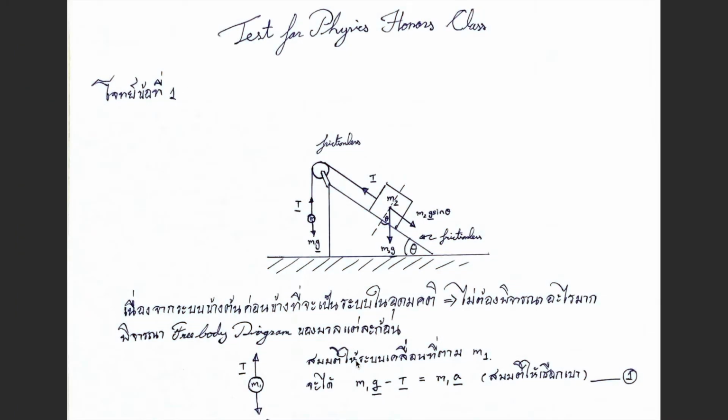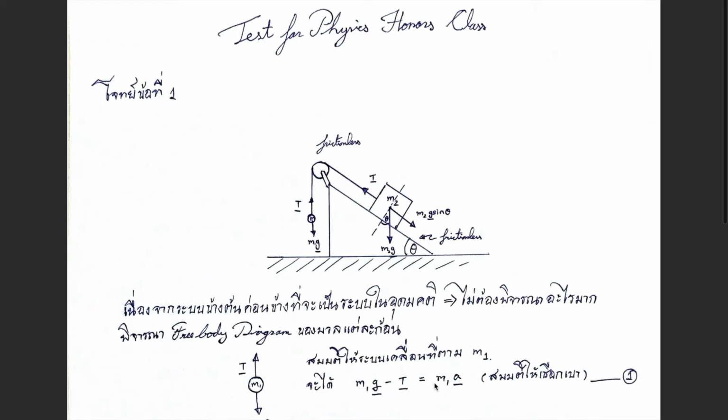As you can see, for mass one we have to assume that the direction of motion is downward. That means the weight of mass one is greater than the tension, so the direction of motion will go down like this.